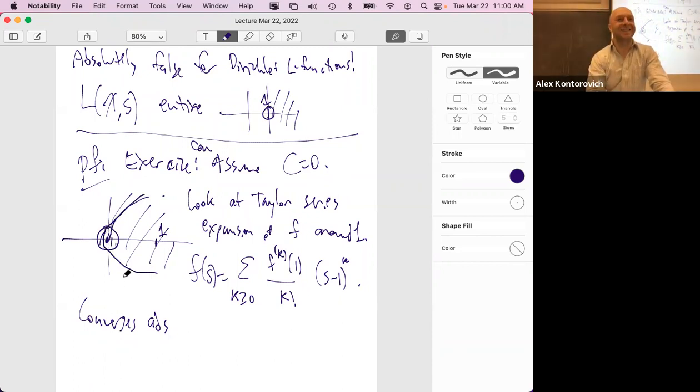So let's say this point is minus epsilon, maybe minus 10 epsilon or something. So this point is minus epsilon, and it converges absolutely for |s minus 1| less than 1 plus epsilon for some epsilon.